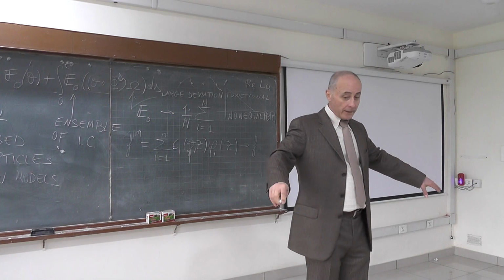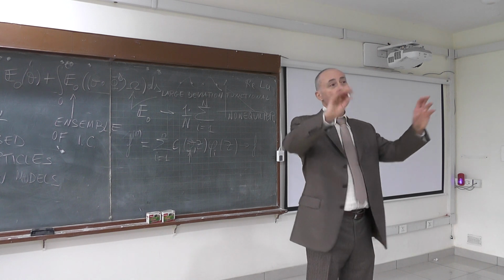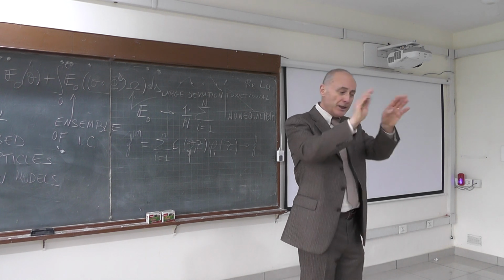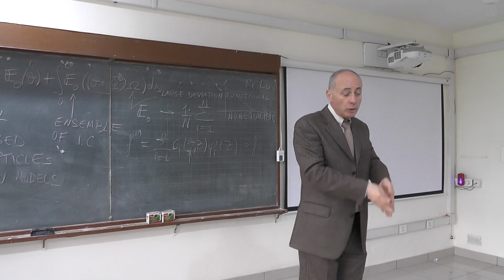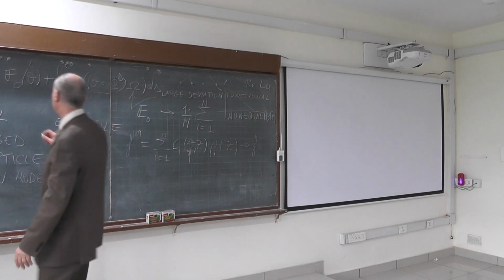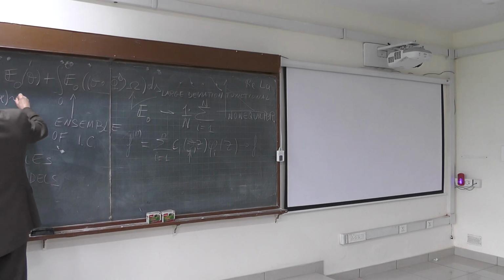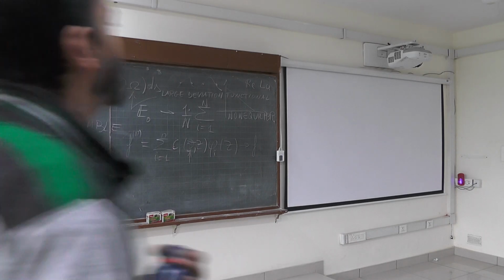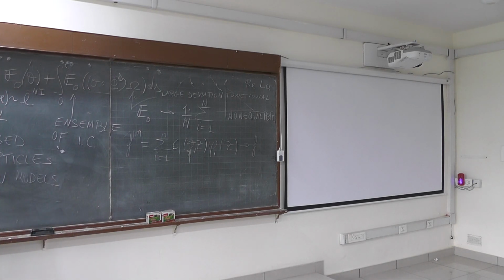You know that there is a central limit theorem, that the distribution near the mean is approximately Gaussian. But what happens when you go away? Well, you can write your probability as e to minus n times a certain large deviation functional.